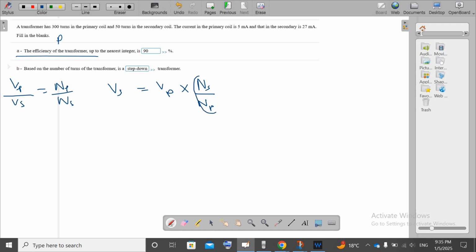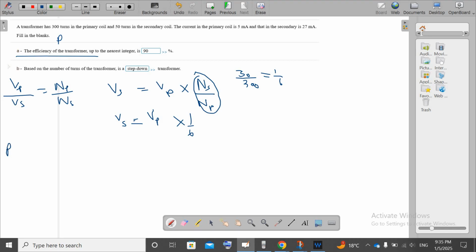But I know that NS over NP is 50 over 300, which is 1 over 6. So basically VS equals VP times 1 over 6, right? Let me just write it properly here. VP times 1 over 6.